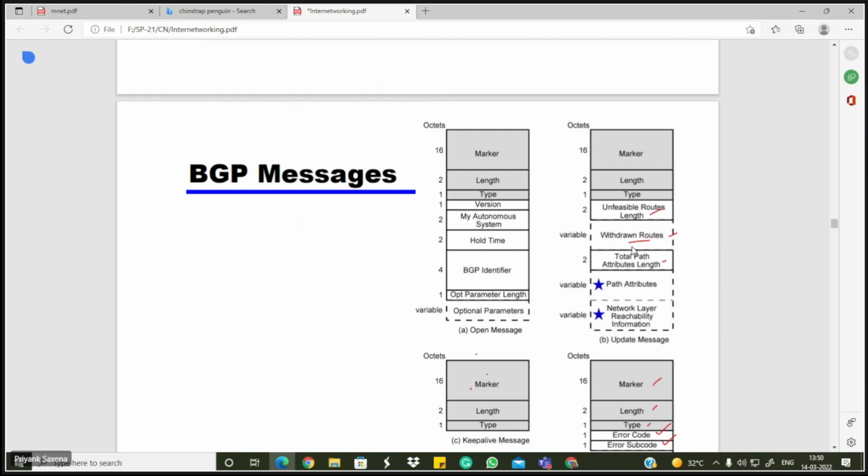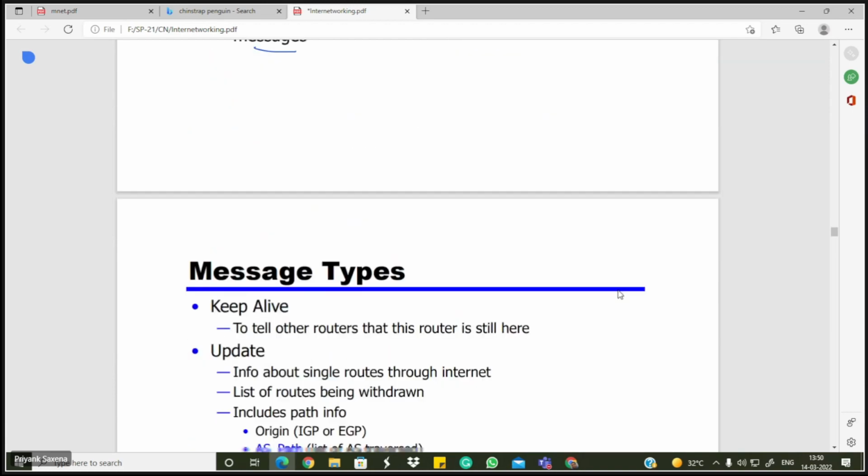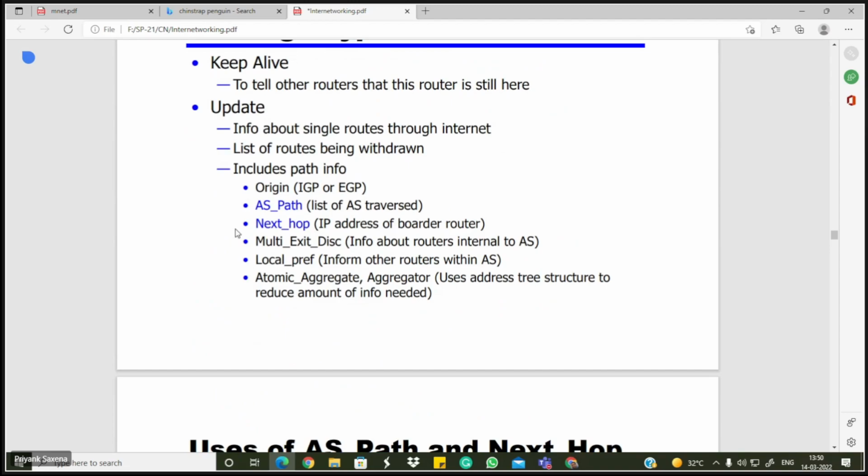Update message: network layer reachability information, path attributes. As I said, it is based on path vector routing. So here a path is to be mentioned, that is which path the packet will follow. That is the AS path, the list of AS to be traversed. So that makes it suitable for policy routing, right?